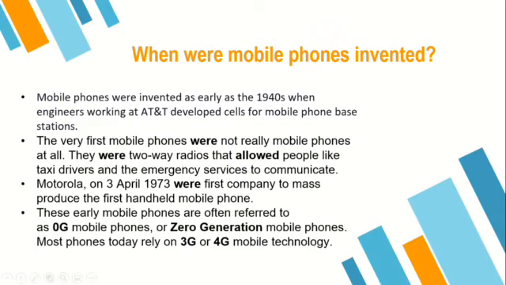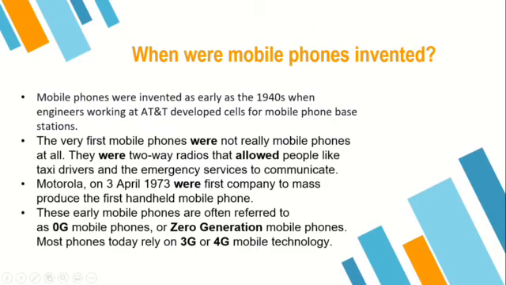Let's see the example here. Mobile phones were invented as early as the 1940s. So mobile phones were invented. So this is past form, right? When engineers working at AT&T developed the cell phone base station.